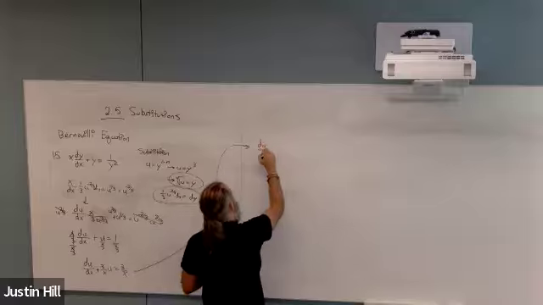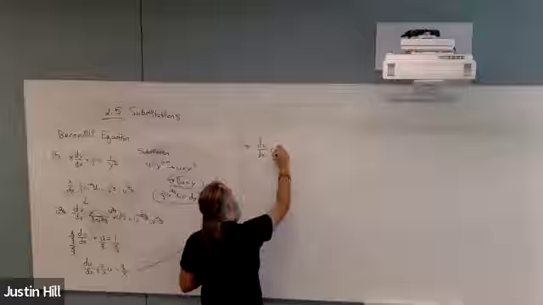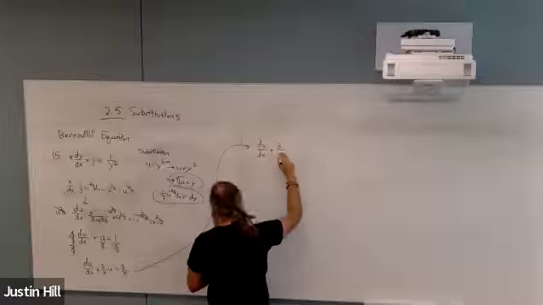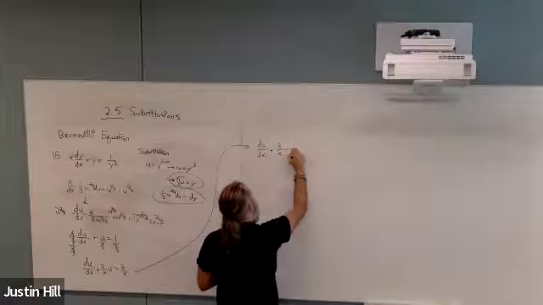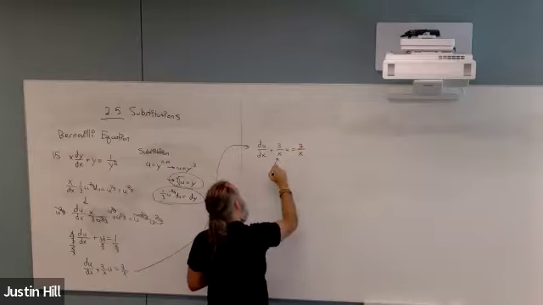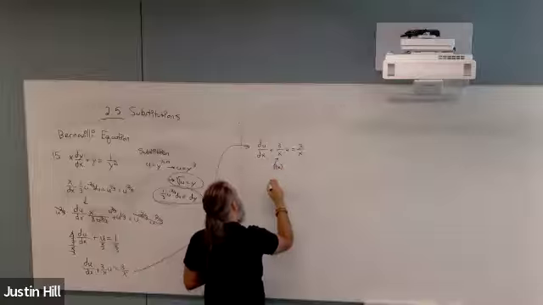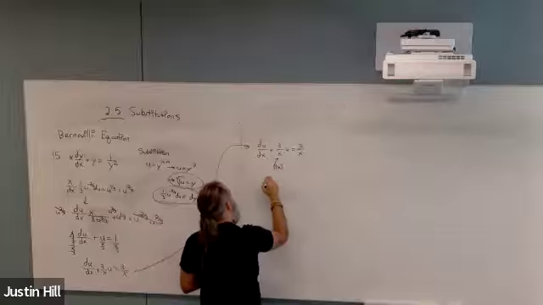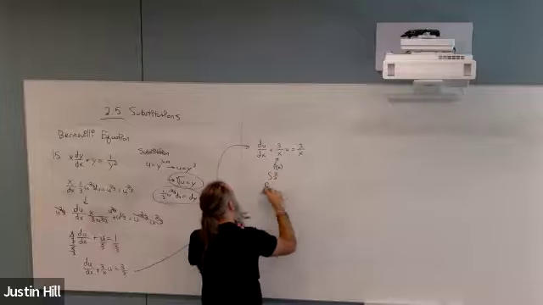So du dx plus 3 over x u equals 3 over x. And this is my p of x. So I then can calculate my integrating factor. My integrating factor is e to the integral of that, 3 over x dx.